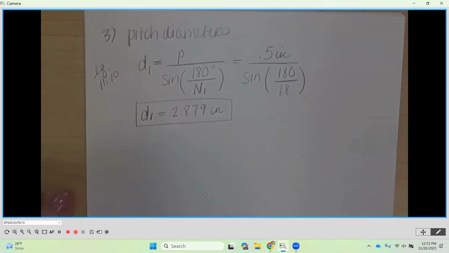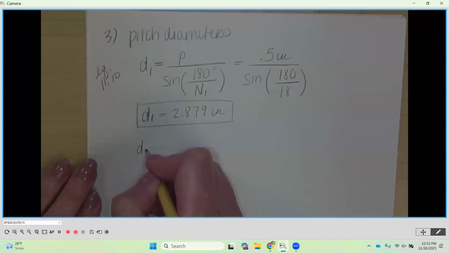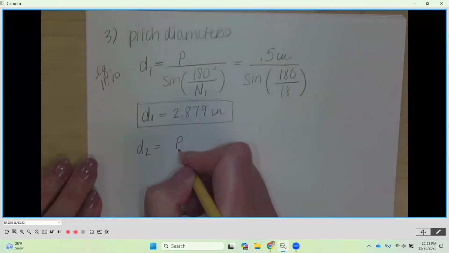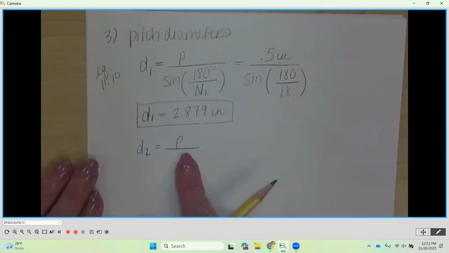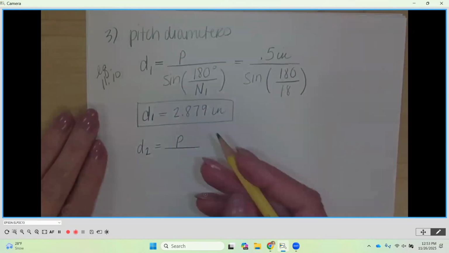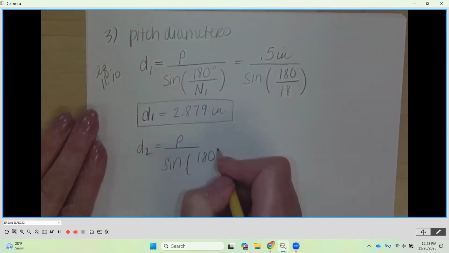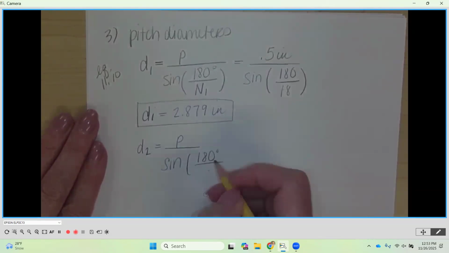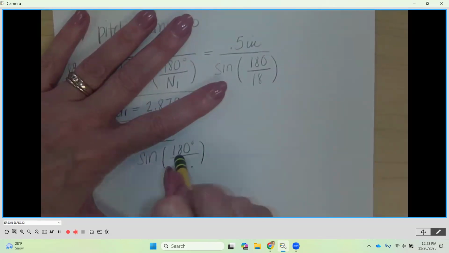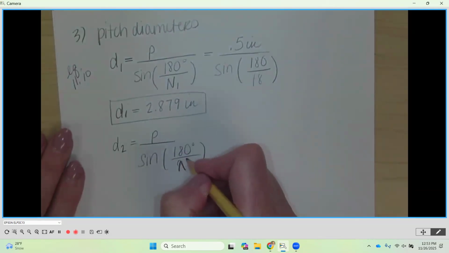And then D2 is going to be the same pitch, because the chain is common between them. But this time, this is going to be 180 degrees over 90 teeth, which is N2.